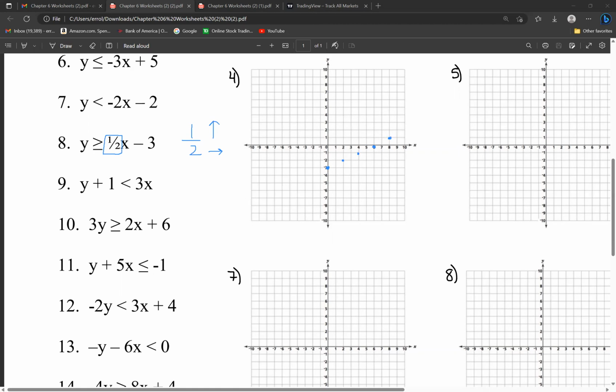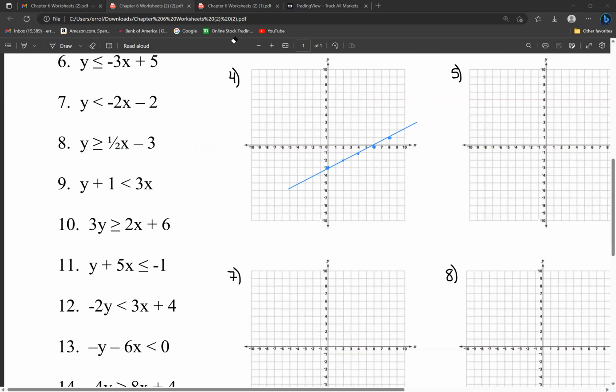All right, above that line or below that line? Oh, is it above? Why would it be above? You're right, but why?